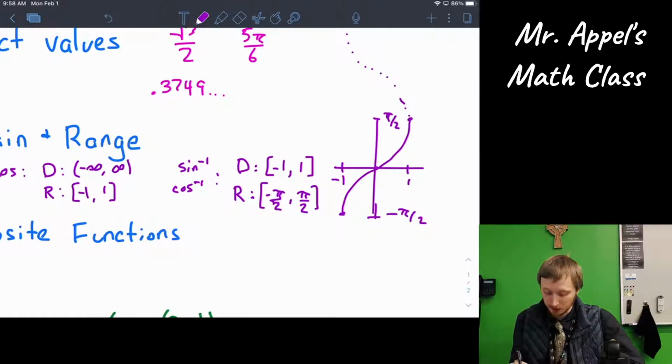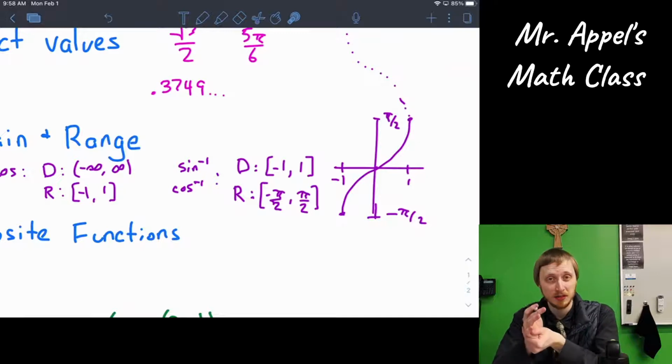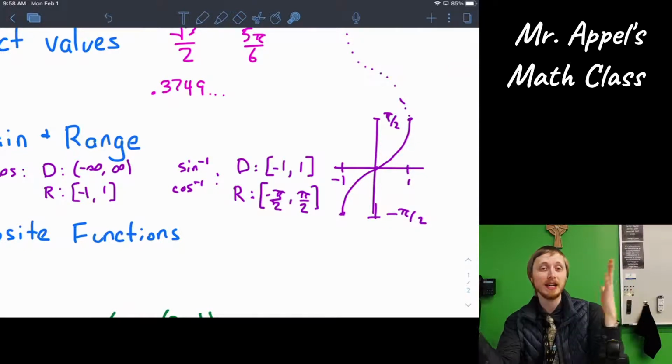Cosine then gets shifted slightly differently, but that's the range we're dealing with now. Those are the allowed values, which changes things up significantly when we apply an inverse function to something outside of that.